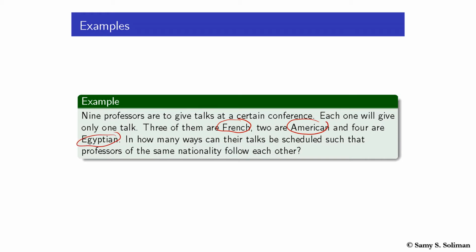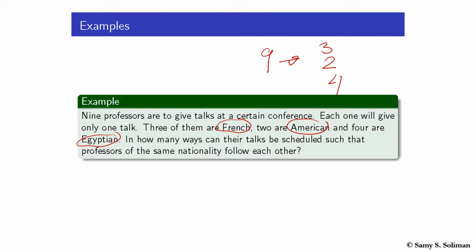So now we have 9 professors divided as 3 of a certain nationality, 2 of a certain nationality, and 4 of a certain nationality. Again, this reminds us of the case where we have a set of n objects, 3 of them are of a kind, 2 of them are of a kind, and 4 of them are of a kind.